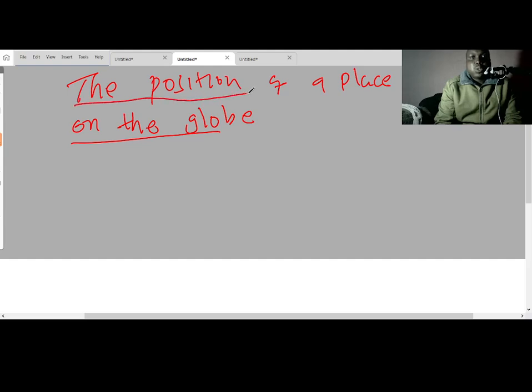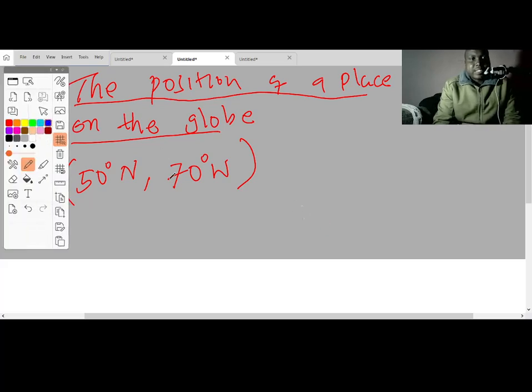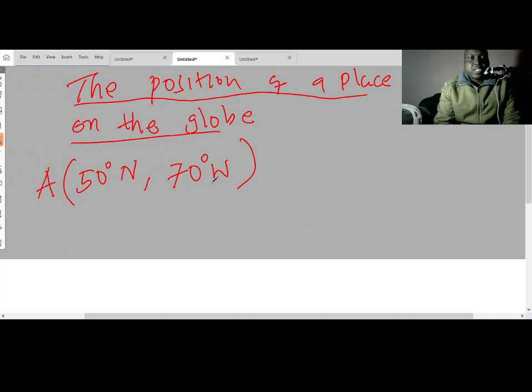How do you put a position on the Earth's surface? For example, I will tell you A is 50 degrees north, 70 degrees west. I want you to note that this is the coordinate of a point on the Earth's surface.